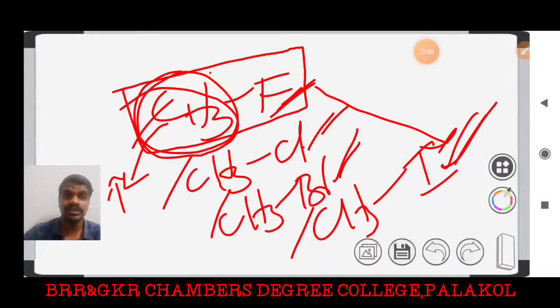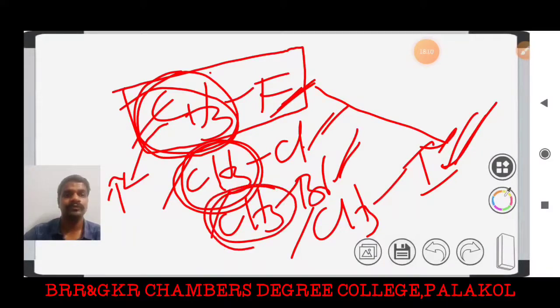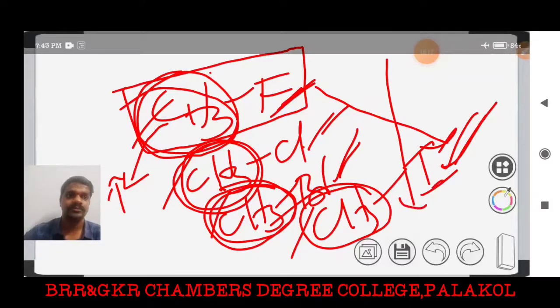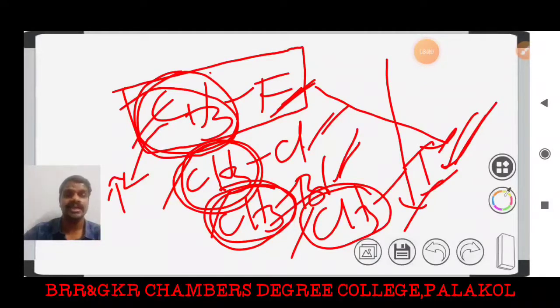That means the electron density is very low in methyl fluoride, and it is somewhat higher in methyl chloride, somewhat higher in methyl bromide, and somewhat higher in methyl iodide. That means from top to bottom the electron density increases at the hydrogen atoms in the methyl groups.